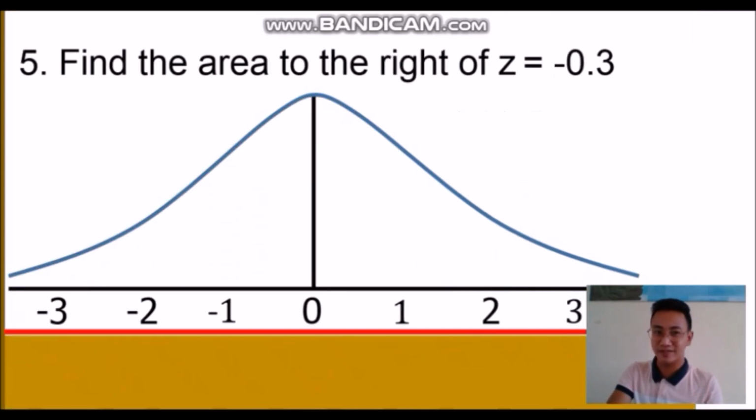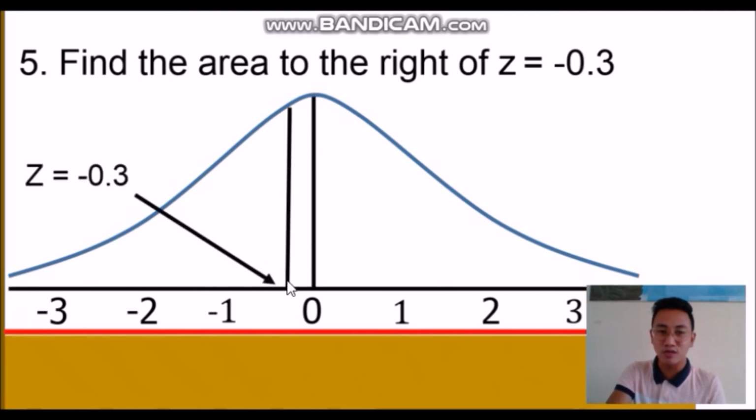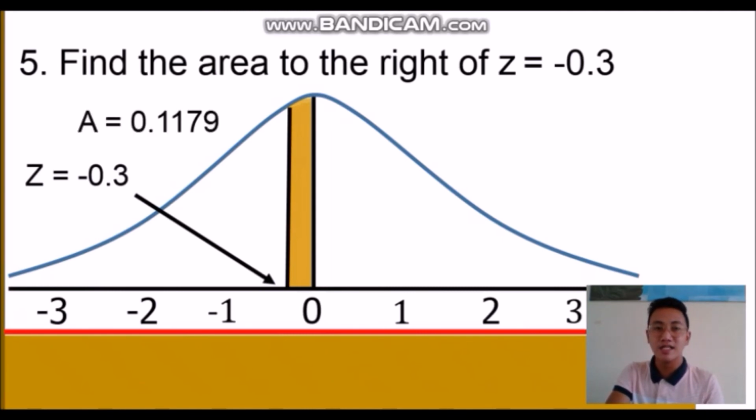Thus, the total area to the left of z is equal to 1.23 is 0.8907. Fifth, find the area to the right of z is equal to negative 0.3. Locate first, where can we find negative 0.3? Of course, it is on the left side before negative 1. And we already know that its area from 0, based on our second example, is 0.1179.